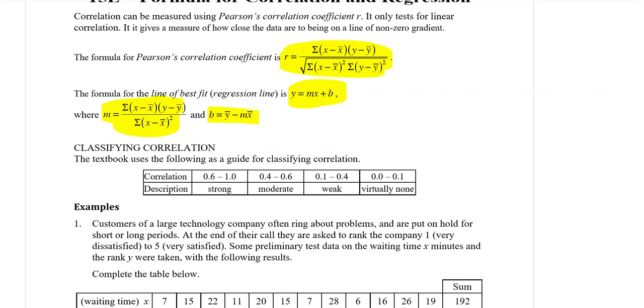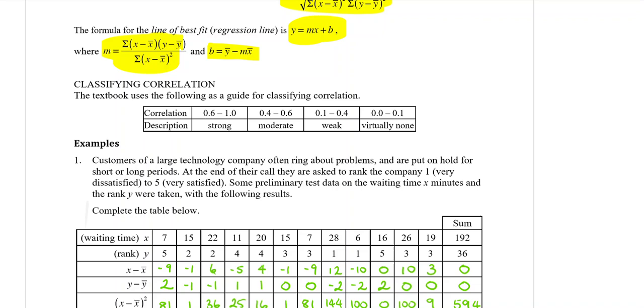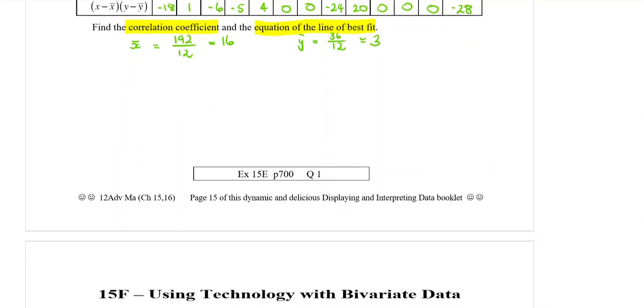Okay, so to find R, I need to sum the x minus x bar times y minus y bar, which is a number in my table. Which number is it? Just for the top of that fraction. -28.